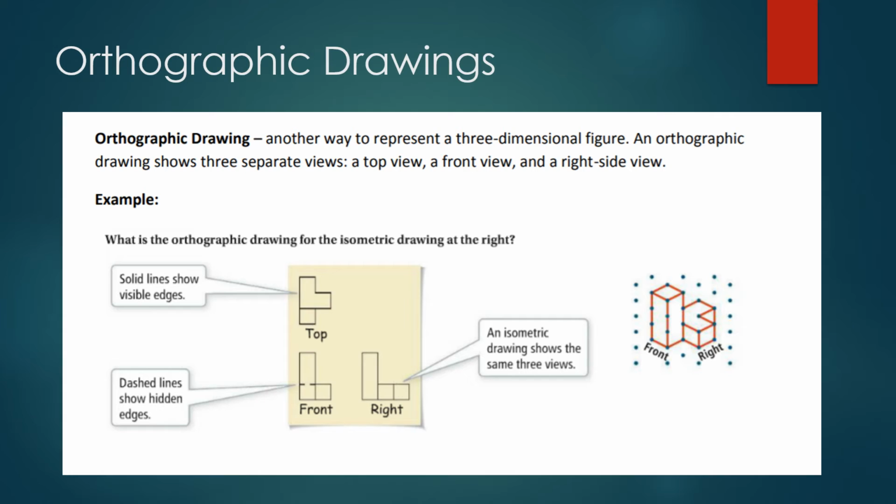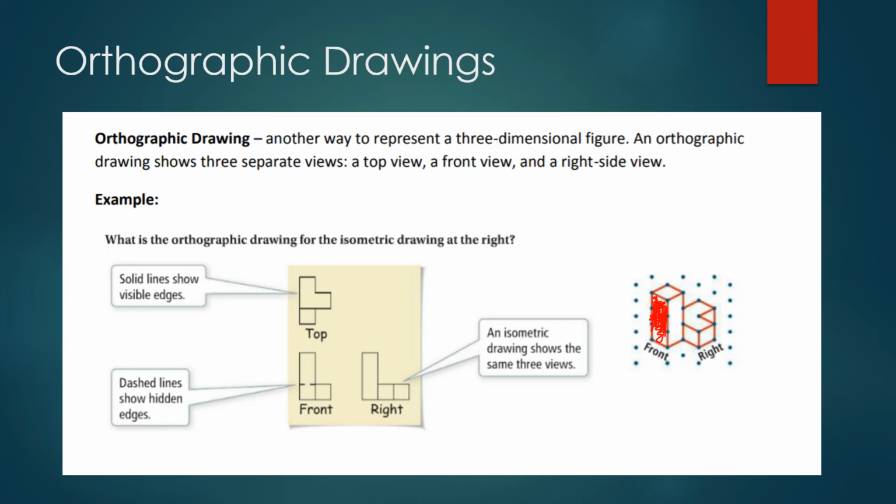And what we do is we show 3 views. We will usually show the top view, the front view, and the right view. And something that we have to be mindful of is sometimes an object will block another part of it. So for example, if we're taking a look at this one, I'm going to highlight the front view in red.